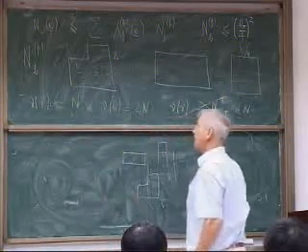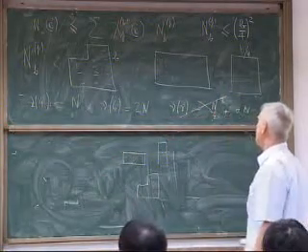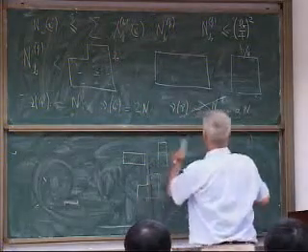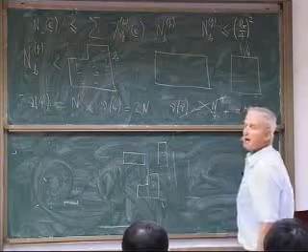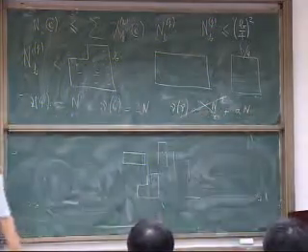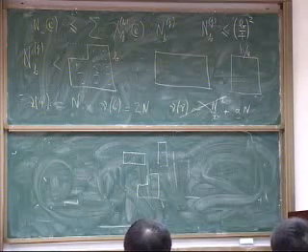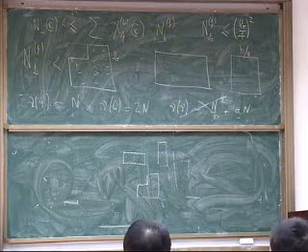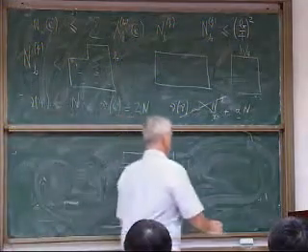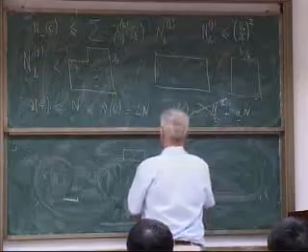I want to calculate how many connected polygons of perimeter B, so then nu of 8 would just be proportional to n. I made a mistake. So I count how many connected polygons of perimeter B I want. So I want to find a bound on mu of B.